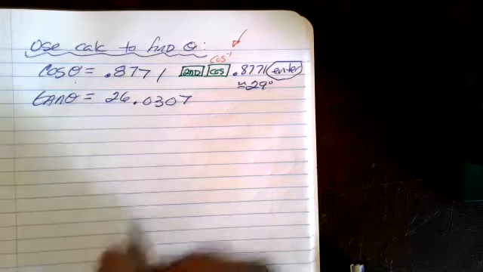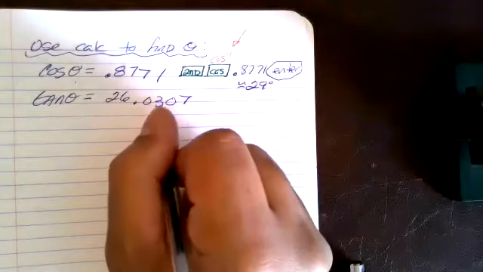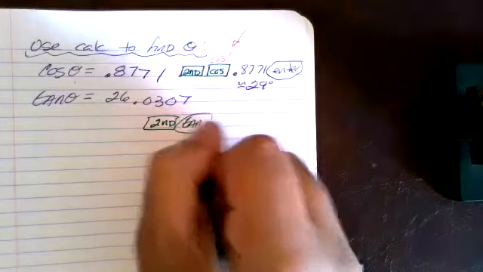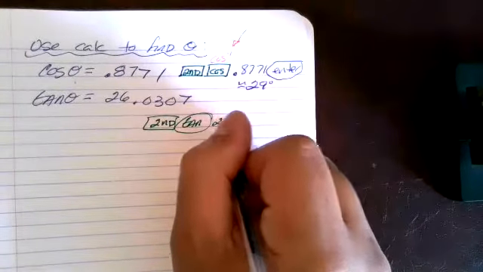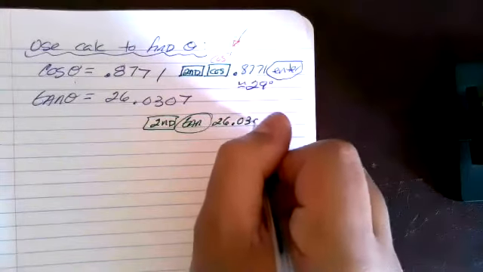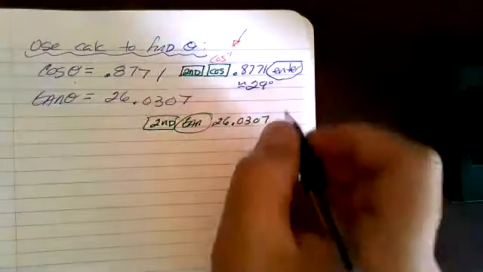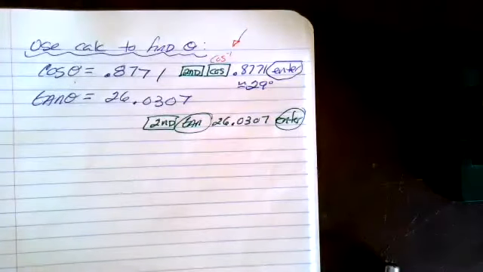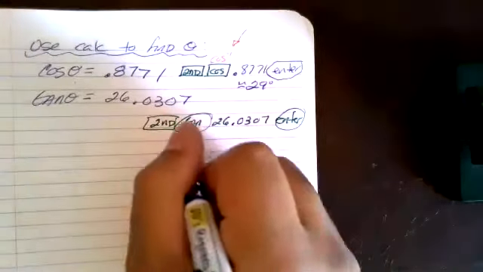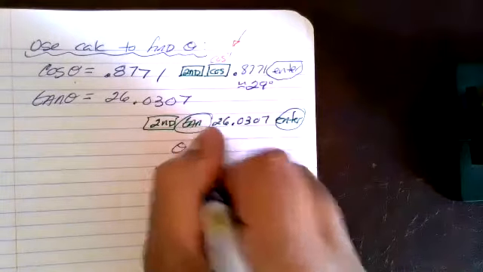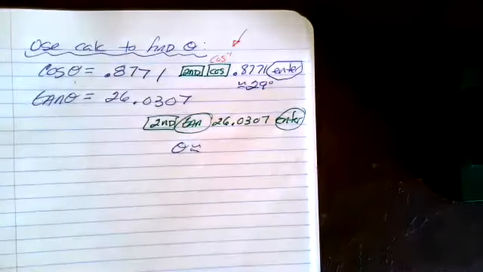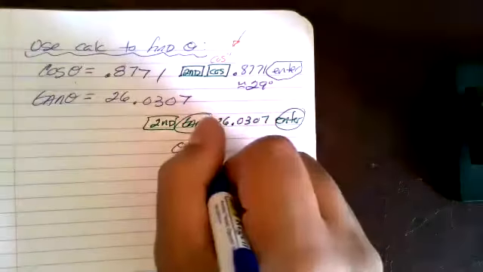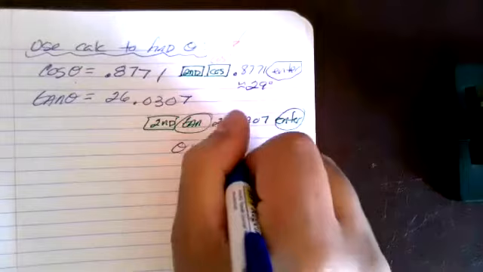So for this next example, we're going to do the same thing. You're going to do second tan, and we're going to put in this 26.0307, and then hit enter. And we're going to get theta is approximately, we all agree, 88 degrees.